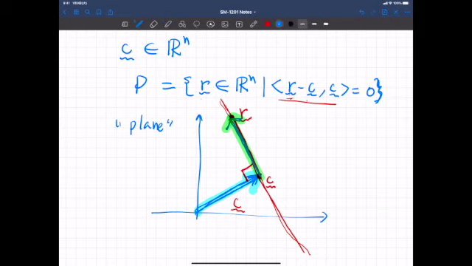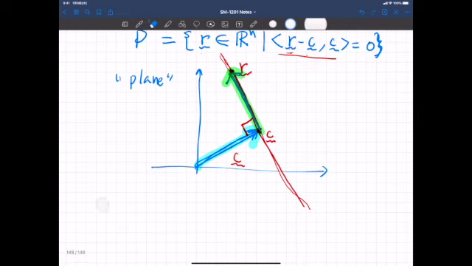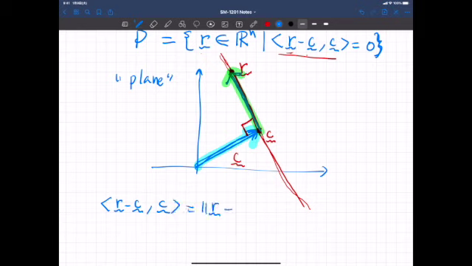And if they are perpendicular, then from the previous theorem, we know that (R minus C) dot C is the modulus of R minus C times the modulus of C times cosine theta, where theta is the angle between these two vectors.